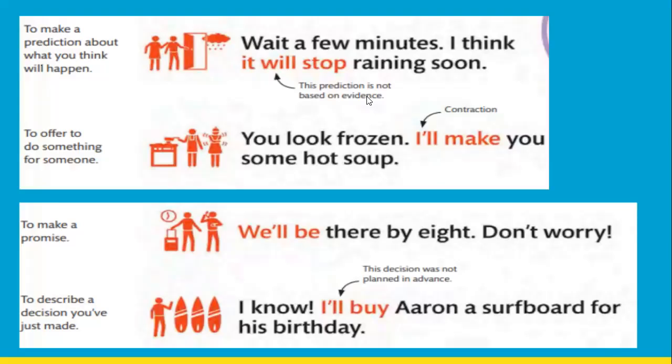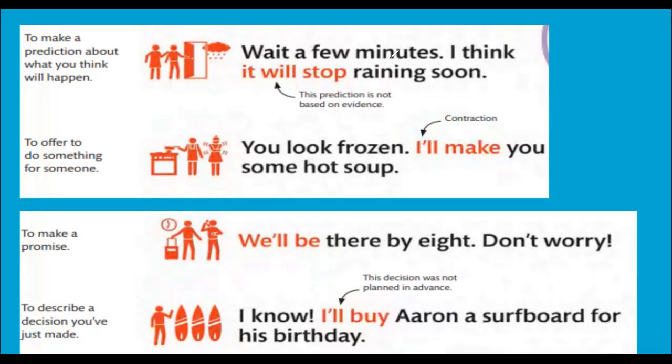Okay, so prediction. To make a prediction about what you think will happen: wait a few minutes, I think it will stop raining soon. A prediction with going to is based on evidence, but when you predict something with will, it's just your intuition, just your idea, your sixth sense, or whatever you call it.